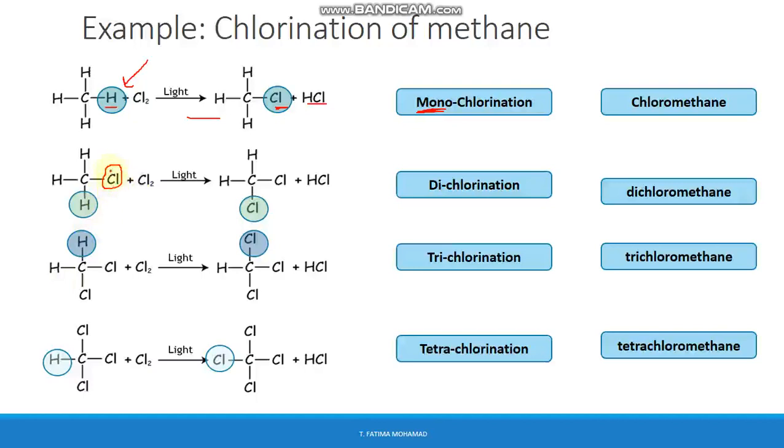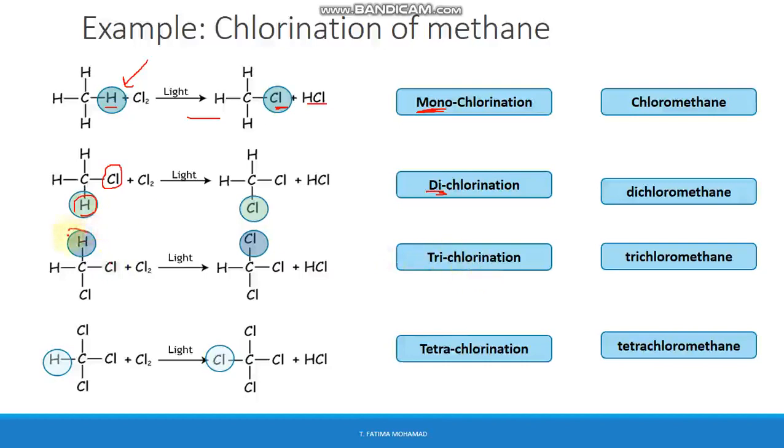The Cl is already substituted in the first one, and we have another substitution here. The H will be substituted by Cl, so we will have dichloromethane. It is called dichlorination.